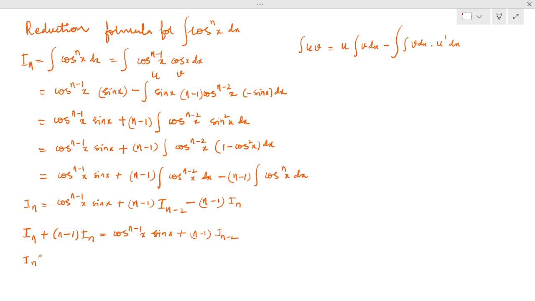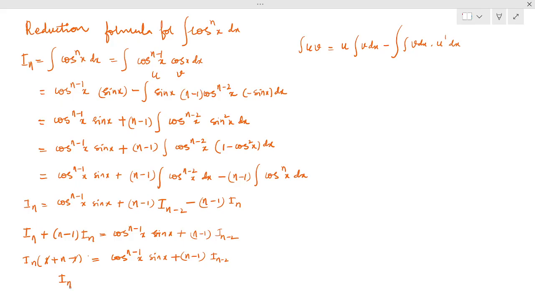Here you can take I_n common, you will get 1 plus n minus 1 is equal to the right side as it is, cos raised to n minus 1 x into sin x plus n minus 1 times I_n minus 2. Plus 1 minus 1 get cancelled. This is n into I_n. I am cross multiplying n here.